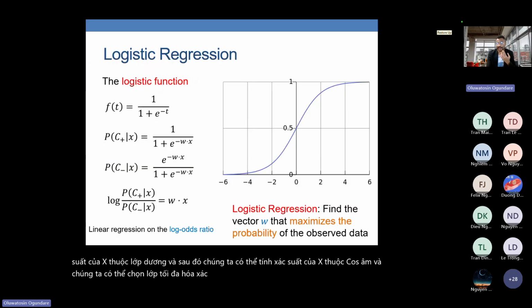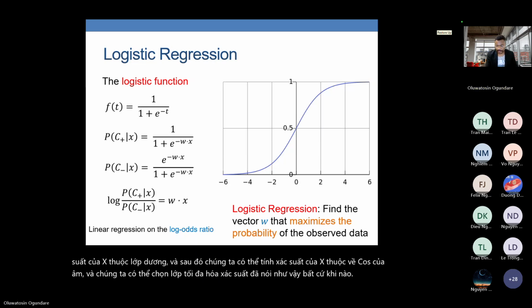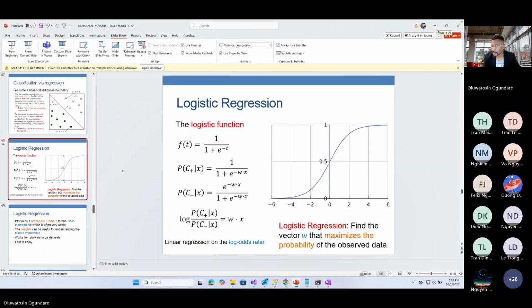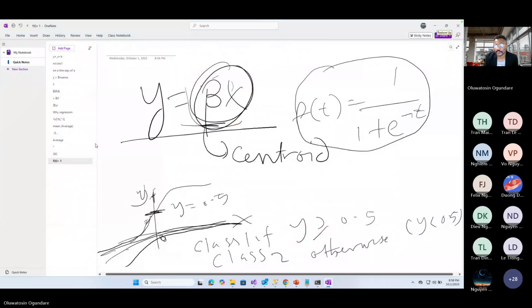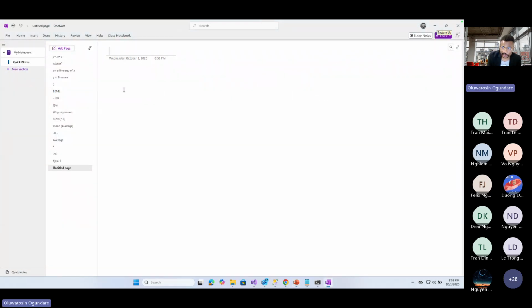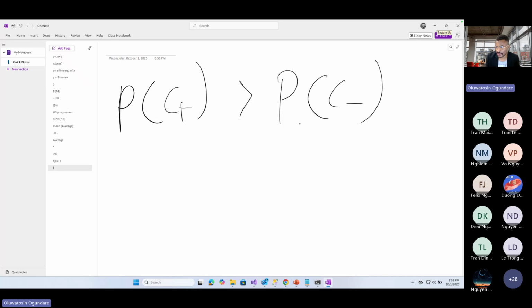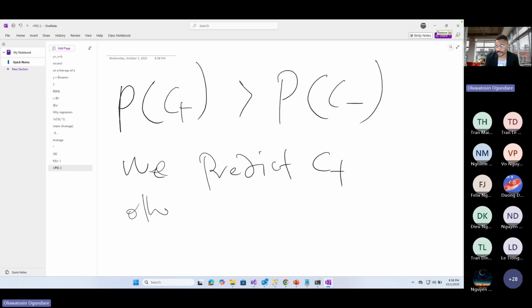So whenever P of C plus is greater than P of C minus, we predict C plus, or the positive class. Otherwise, we predict C minus.